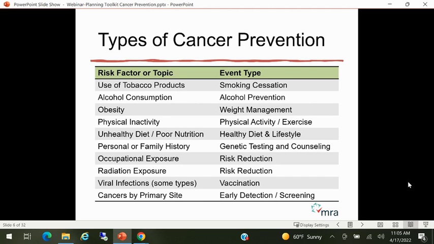And the event types here are those that matched up according to the NCI. So alcohol consumption, if that's your risk factor, if you want to encourage women to limit their consumption and reduce the risk of breast cancer, the event type would be alcohol prevention.